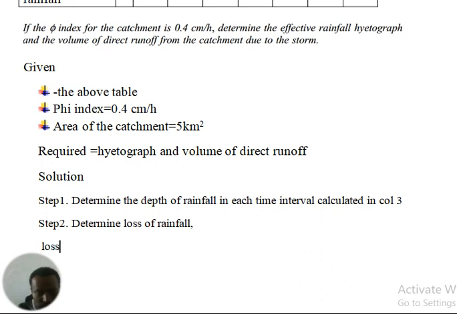Loss is equal to 0.4 times this change in t, which is 2 hours, equal to 0.8. It is centimeter per hour, and the time is in hours, so the loss is 0.8.